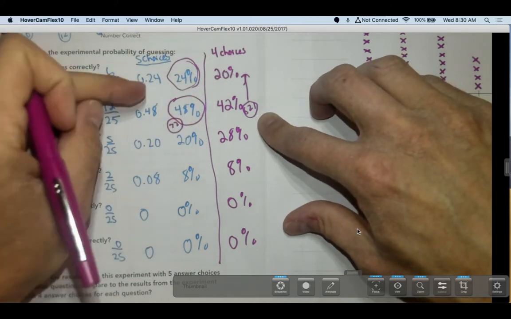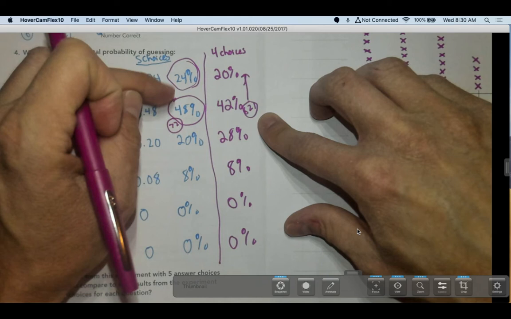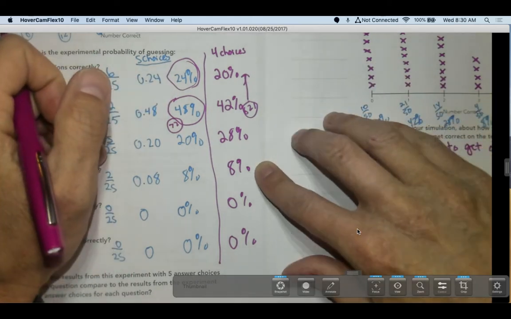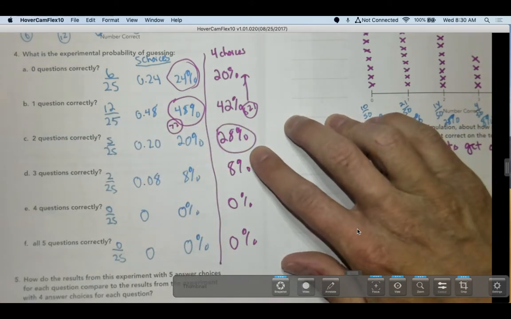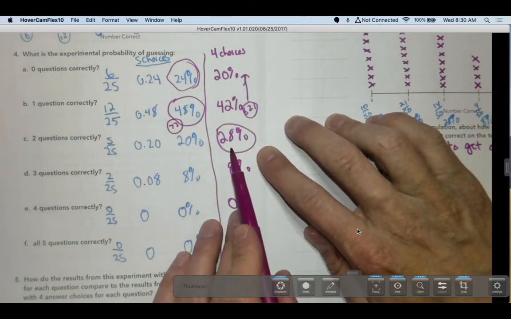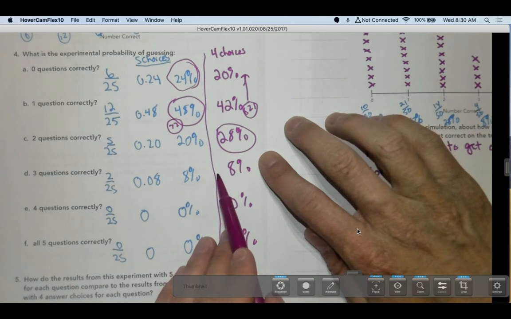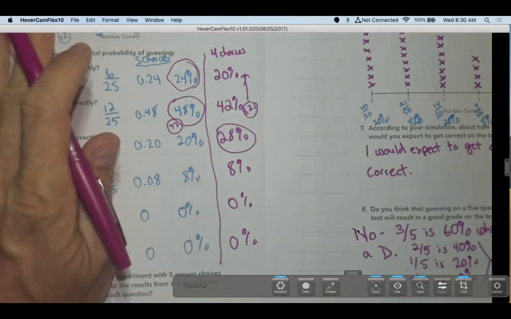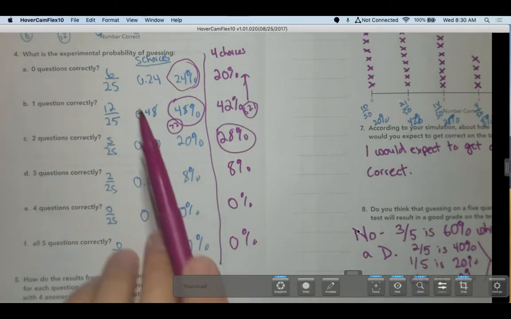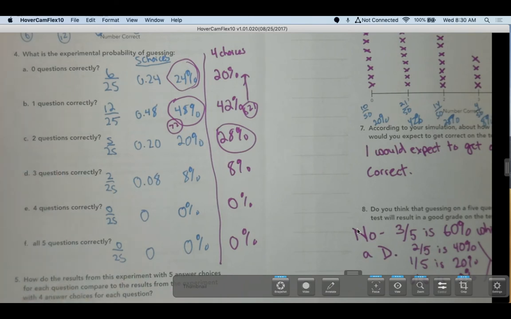Okay, so it's more likely that I'm going to get 0 or 1 question correct. For 4 choices, it's a little bit higher to get 2 questions correct. And with 3 questions, it was the same in our experimental probability, just like it was the same for 4 or 5. I bet if we tried 6 choices, our numbers would get closer to 0 and 1, and less for being 3 and less for being 2 as we increase the number of choices.